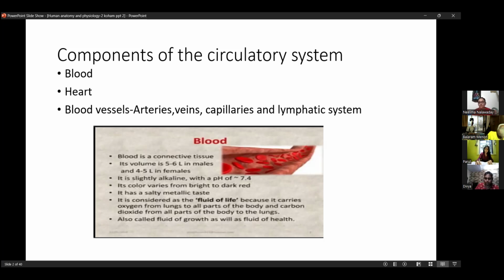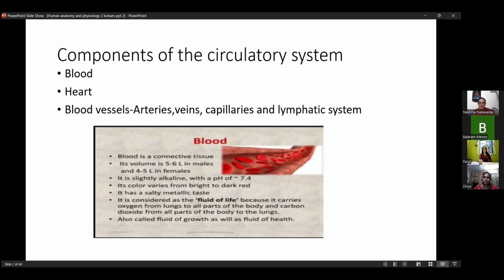The first component is blood. What is blood? Blood is a fluid connective tissue. The types of tissue we all know. So it is connective tissue, but it is all over our body, and it is around 5 to 6 liters in males and 4 to 5 liters in females. It is slightly alkaline with a pH of 7.4.